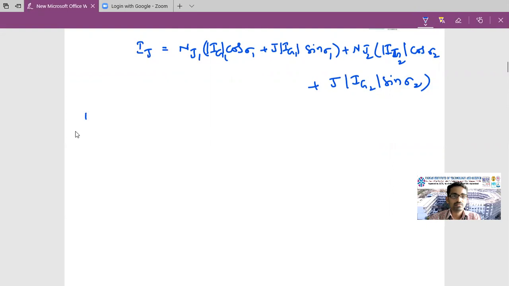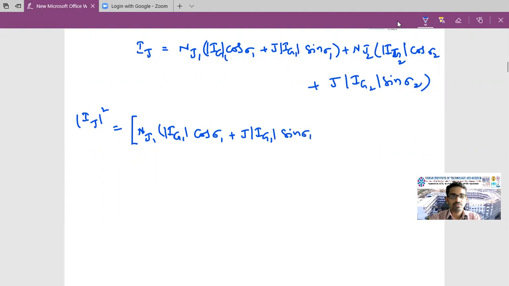So here, magnitude of Ij square is nothing but nj1 into magnitude of Ig1 cos sigma 1 plus j magnitude of Ig1 sine sigma 1.